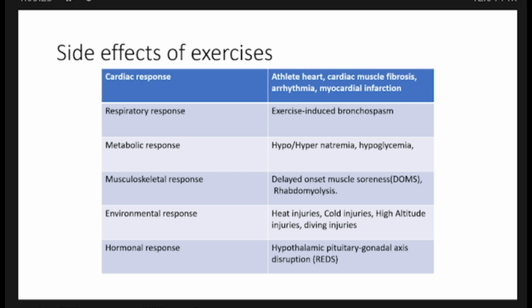That's called athlete's heart. And there are some micro tears happening, which cause muscle fibrosis, and which lead to arrhythmia, myocardial infarction and sudden cardiac death. In the respiratory system, if somebody has asthma, they may get exercise-induced bronchospasm.